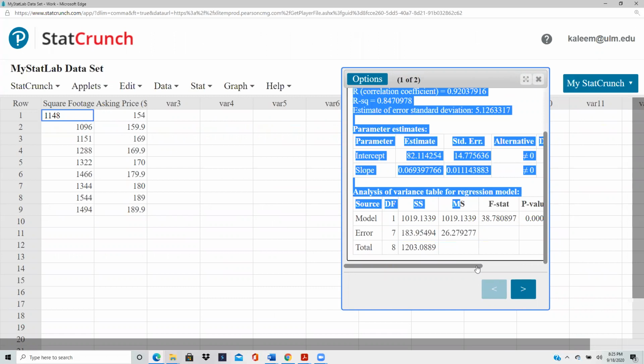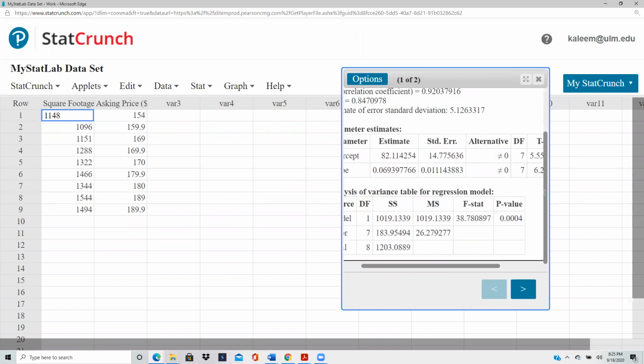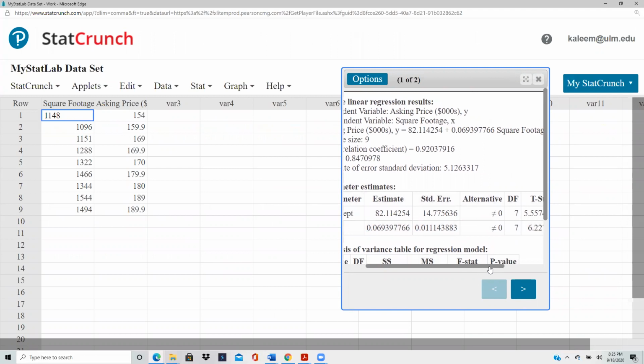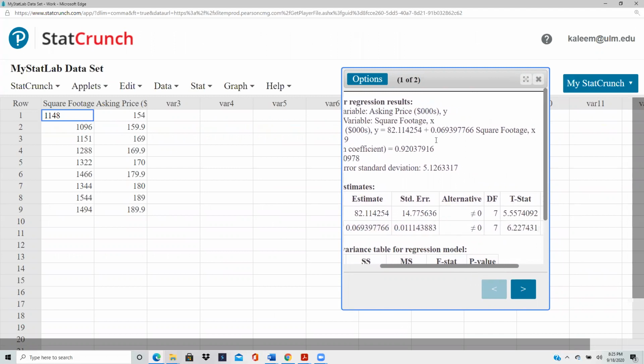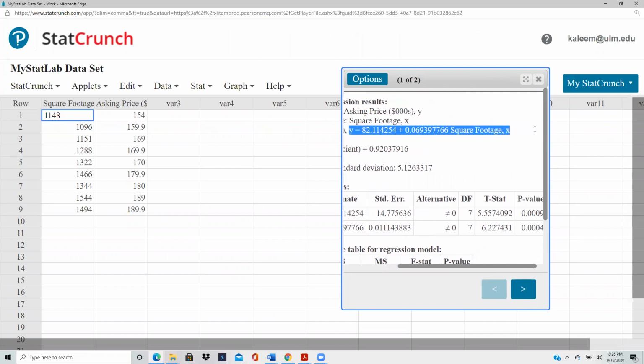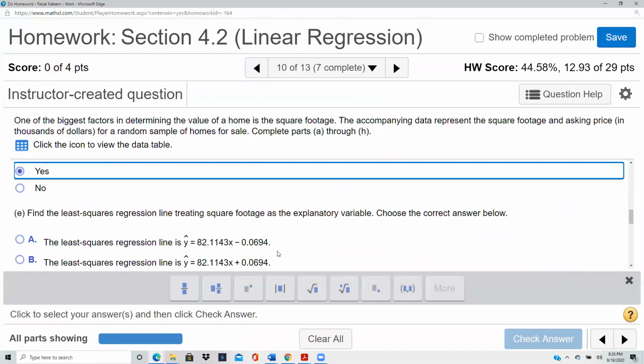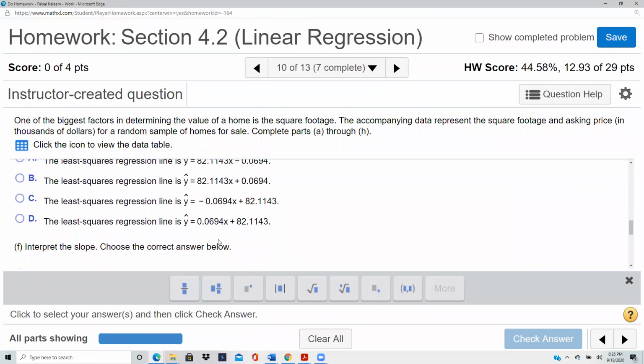It's over here. So y is equal to 0.0694x plus 82.11.